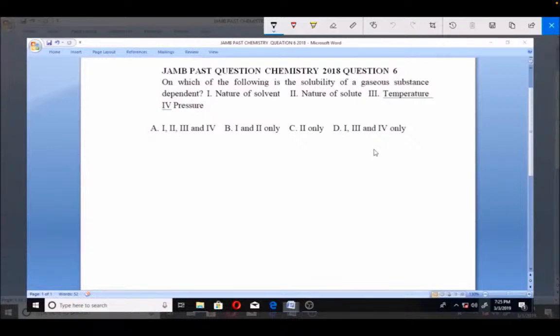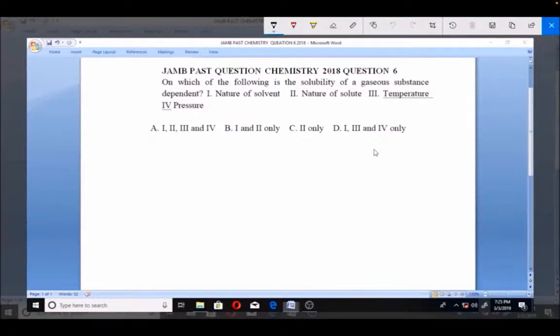Now, for us to fully understand this question and be able to take very good care of it, we need to first of all know the factors that determine the solubility of gases.